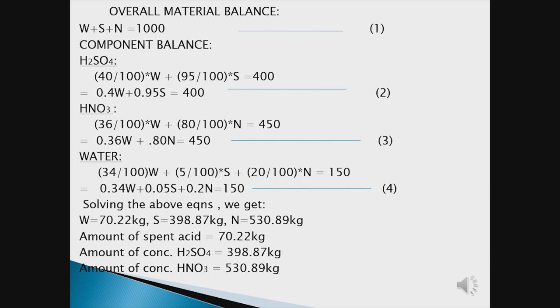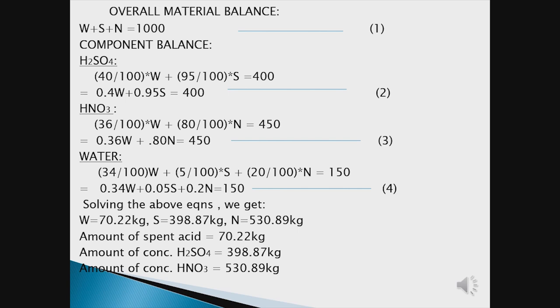Now taking the component balance, component wise. Let's take the component balance of the H2SO4. 30% of the waste acid, as we have seen in the question, is H2SO4, and 95% of concentrated H2SO4 is available, and it should be equal to the 40% of the mixed acid.